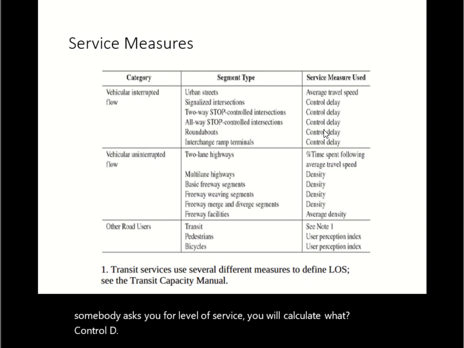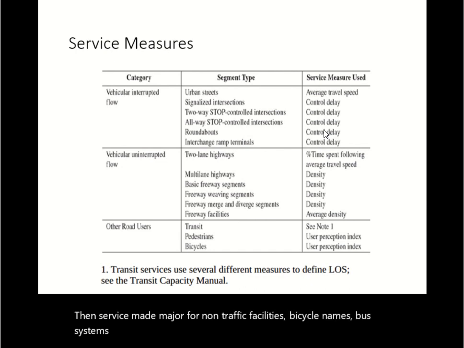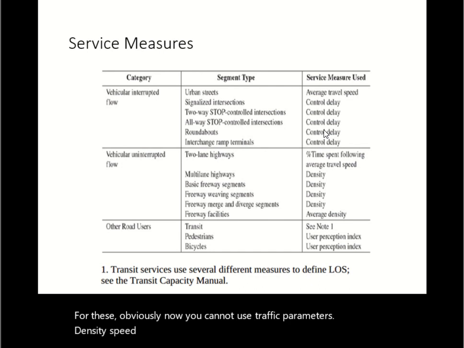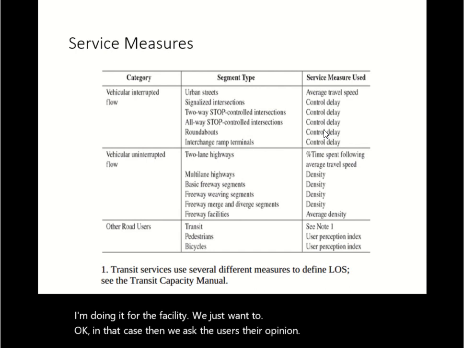Then the service measure for non-traffic facilities: bicycle lanes, bus systems, pedestrian crossings, sidewalks. For these, obviously now you cannot use traffic parameters. Density, speed, travel time, these are all related to traffic. I'm doing it for a facility which does not have traffic. In that case, we ask the users their opinion. So it is based upon opinion.